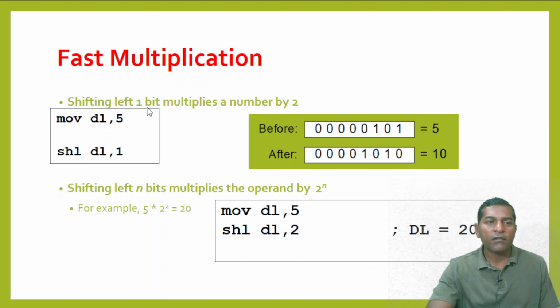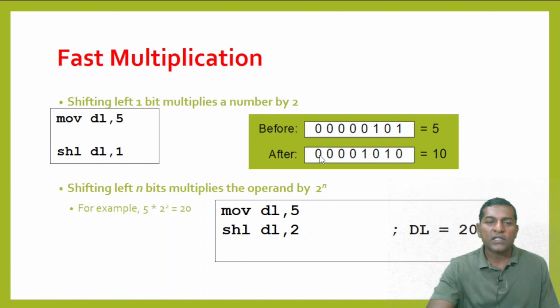Shifting left one bit multiplies a number by 2. If we have information like 0 0 0 0 0 1 0 1, it means 5 in hexadecimal format, and this is in binary format. If we shift it by 1, we will definitely get a 0 at the D0th bit, and all these bits will be shifted.